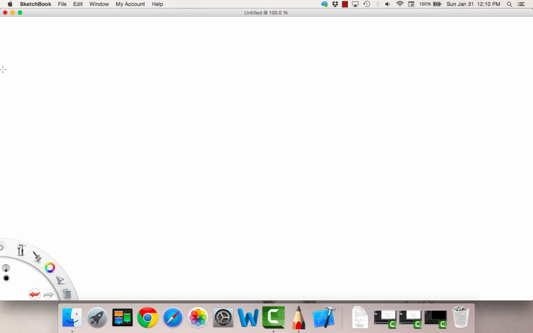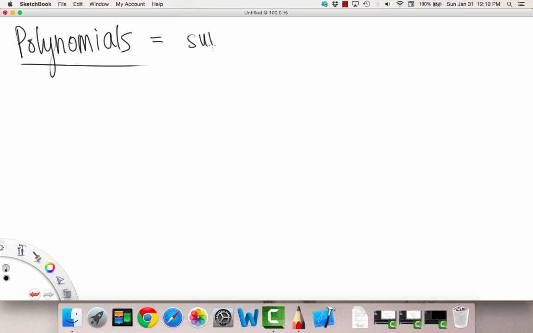Now that we've covered power functions, we'll go over some things about polynomials. The first thing we should go over is, what is a polynomial? That sounds fancy, right? Basically, a polynomial is a sum of terms consisting of power functions.